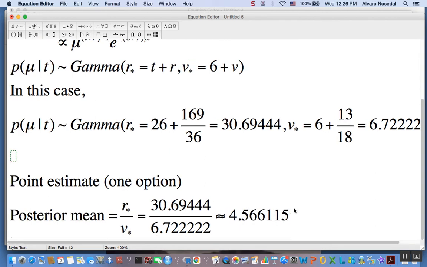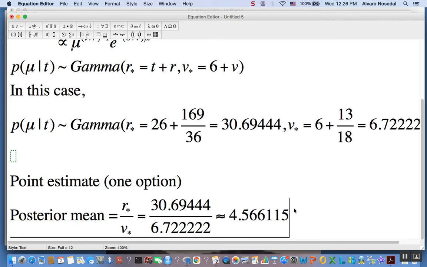Okay? But we know that we can do something to supplement that point estimate. For instance, we could provide a credible set, a 95% credible set, finding quantiles from our posterior distribution.